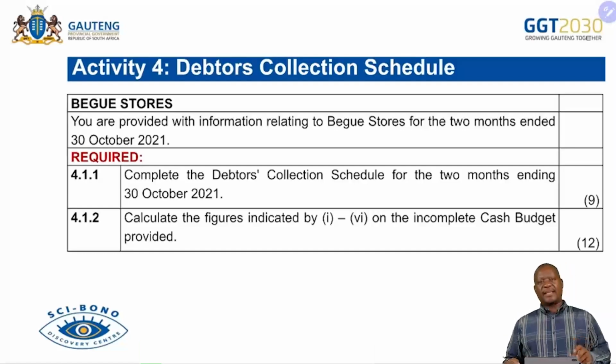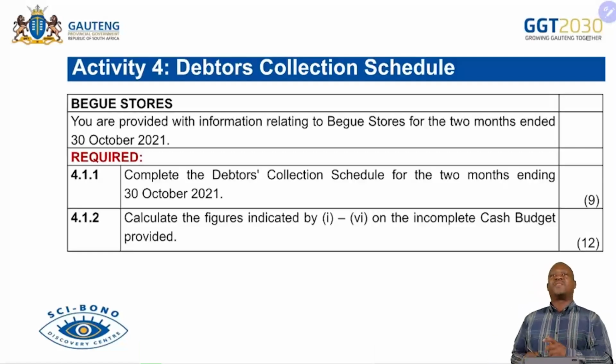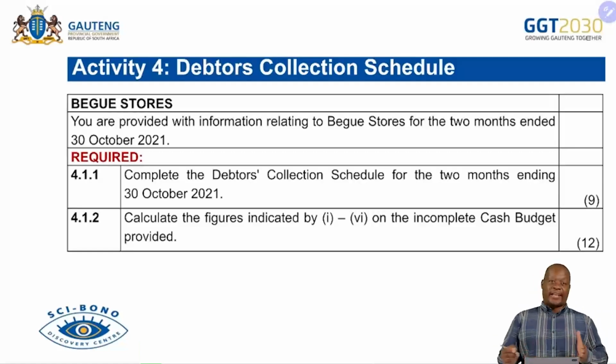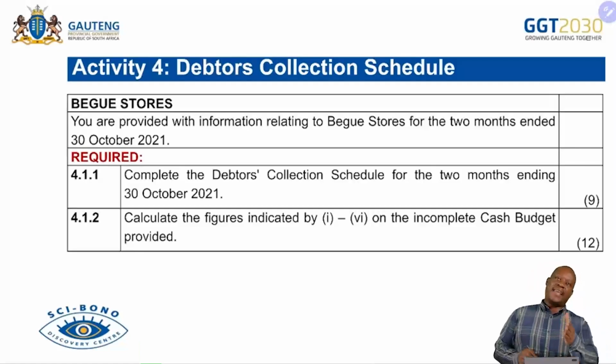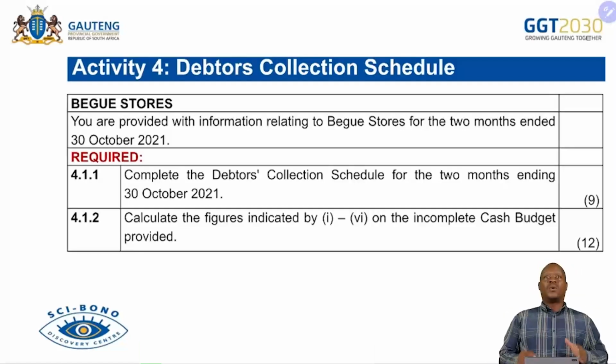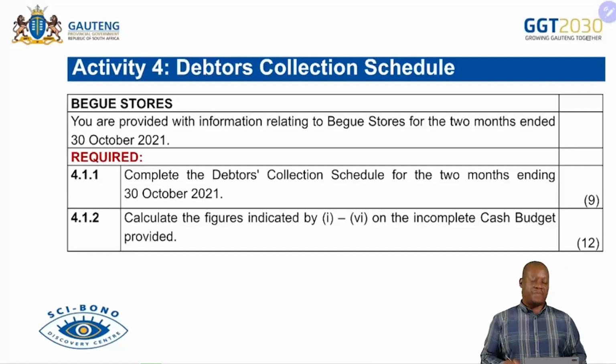This is going to look into the preparation of the data collection schedule, which we are now experts at at this point, I know. And then we are also going to move into the preparation of the cash budget. In this case, we are given a cash budget with missing figures. And it's going to be our duty to make sure that we patch in those missing figures so that the cash budget is complete in any way.